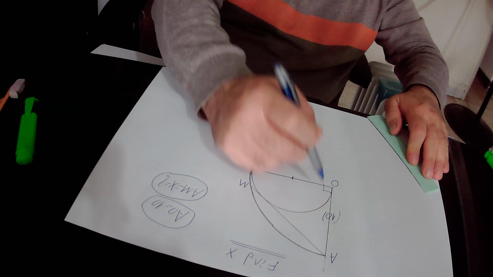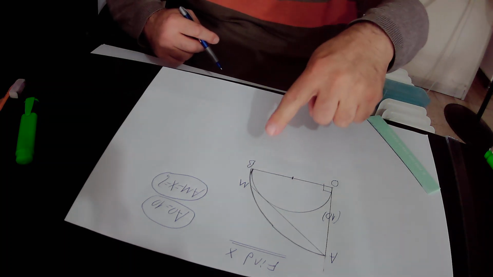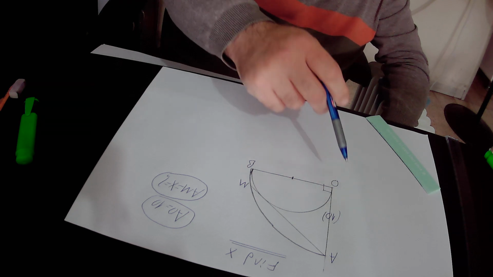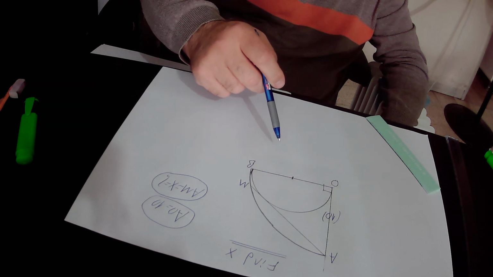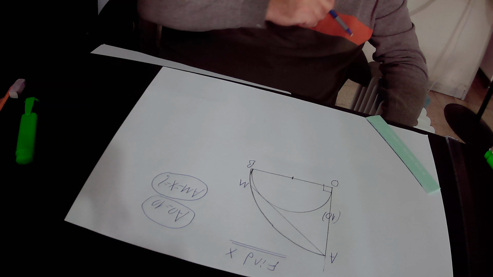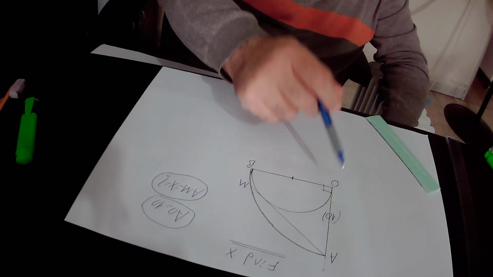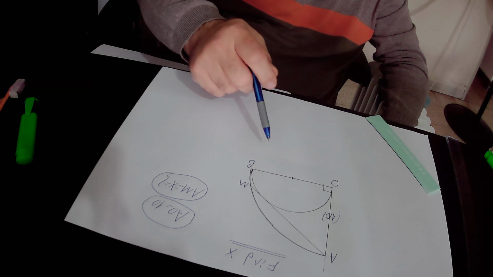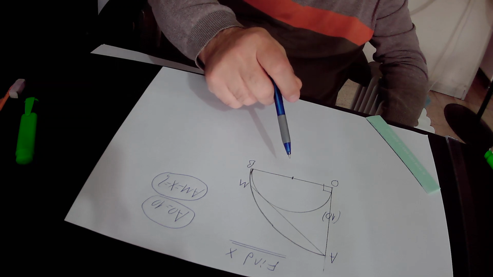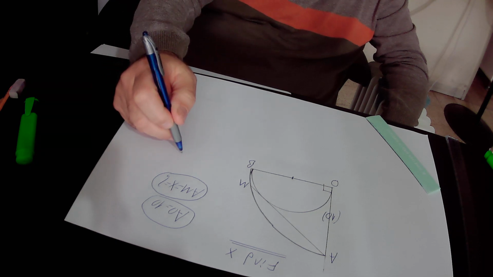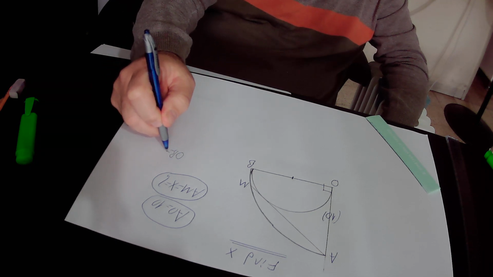In addition, because AOB is a quarter circle, AO and OB are both the radii of this quarter circle. But we know that AO equals 10, therefore OB, that is also the radius of this quarter circle, must also be equal to 10 units in its length. OB equals 10.